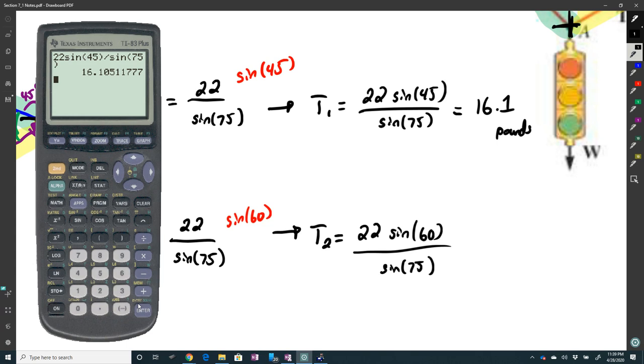Let me look at my notes just to make sure I didn't make a mistake, because again, that would be embarrassing. Yep. And then the other one, I'm just going to second enter to recall the last thing I typed in, and I'm going to change the 45 to a 60. That gives 19.7 pounds.